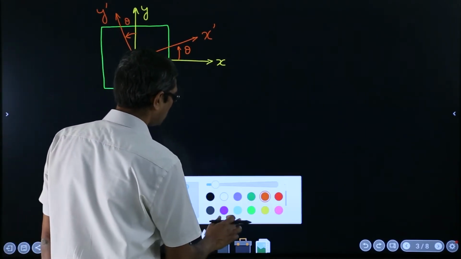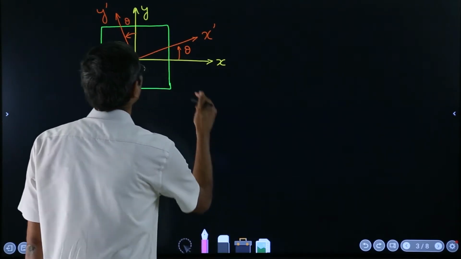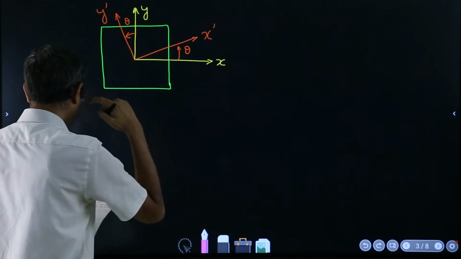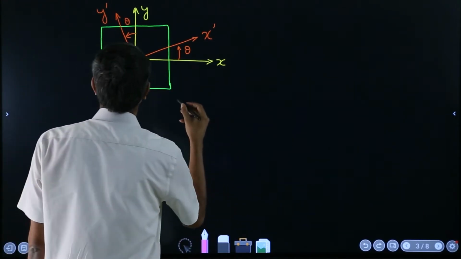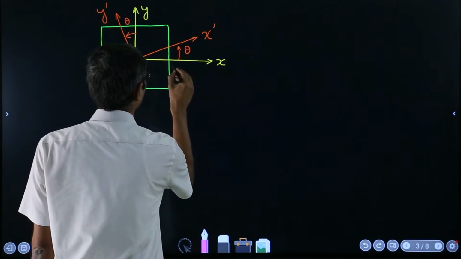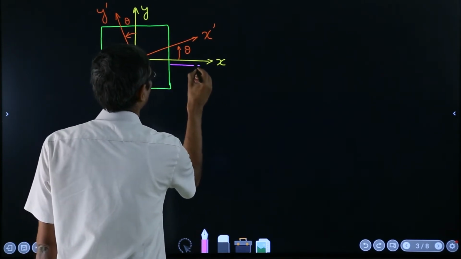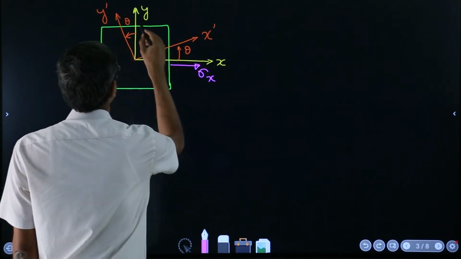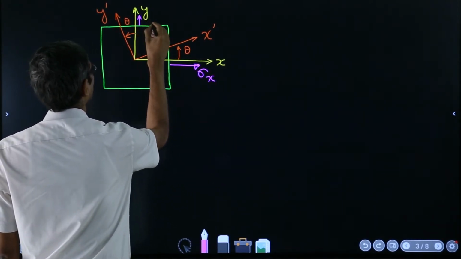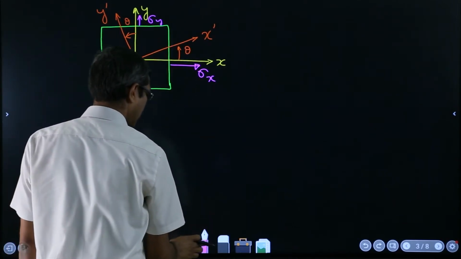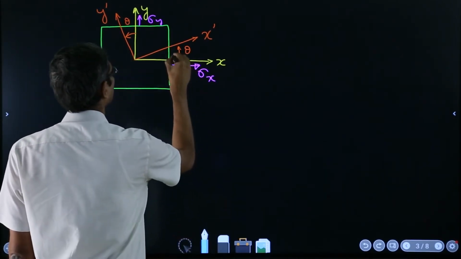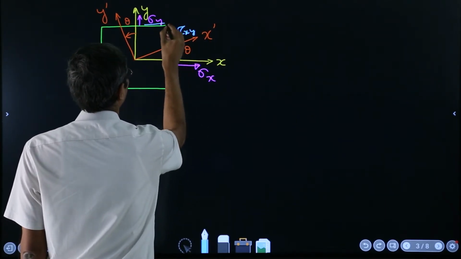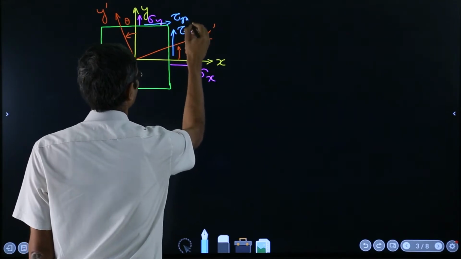And to show the stresses, in the original axis, there was sigma x, this was sigma y, and it was tau xy and tau yx.